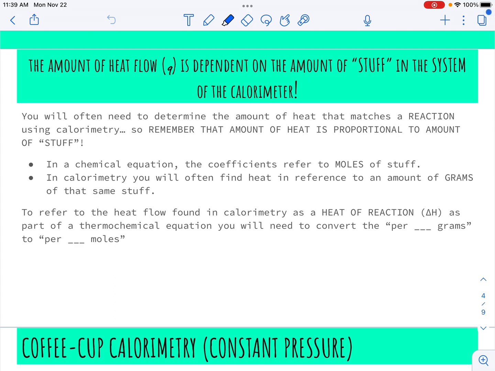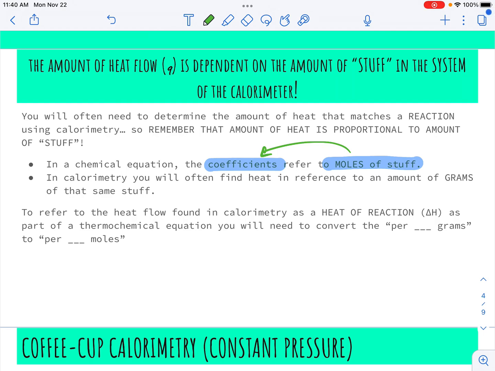So if we want to translate this to a heat of reaction where it matches the coefficients in a chemical equation, we often have to convert it to the amount of joules or kilojoules per mole of that same stuff. And then we have to make sure that it actually matches the coefficients in the equation. So if your coefficient in your equation is for 2 moles, then you have to consider how much heat it would be for 2 moles, not just for 1.